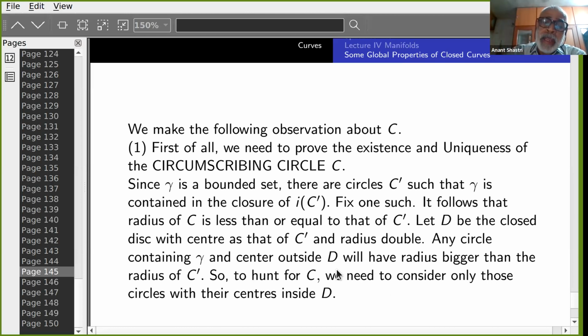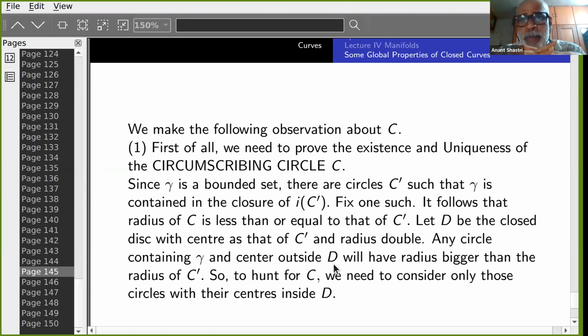So circles whose center is outside are out of the question. They are outside our purview. So we can concentrate on one single large disk. What is that large disk? It's not very large, it's twice the radius.